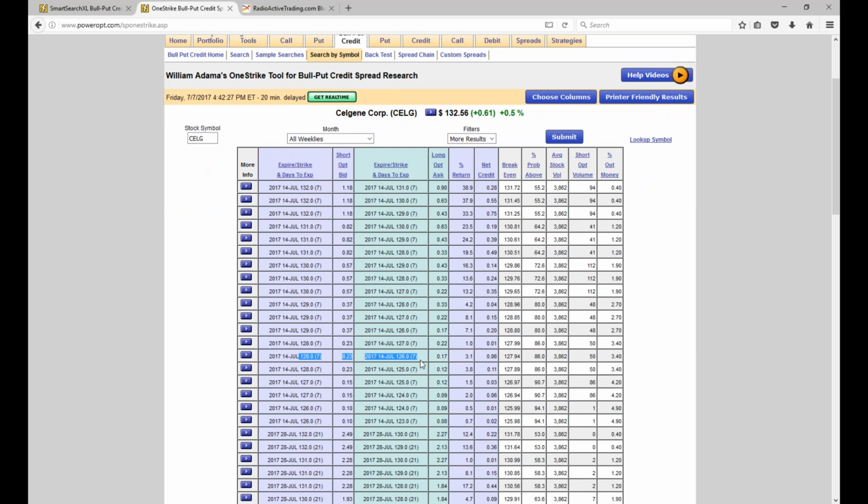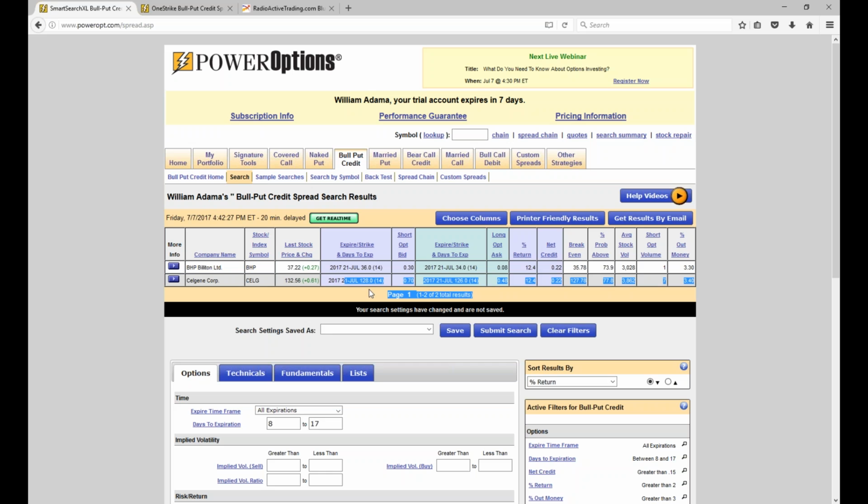128, 126 for 7 days out is a 6 cent net credit, whereas the 2 week out 128, 126 is a 22 cent net credit. So what does that mean? That means if I took the maximum loss in this 2 point spread with the 2 week out, I'd lose $1.78. And let's say this is my average return, at my average net credit.